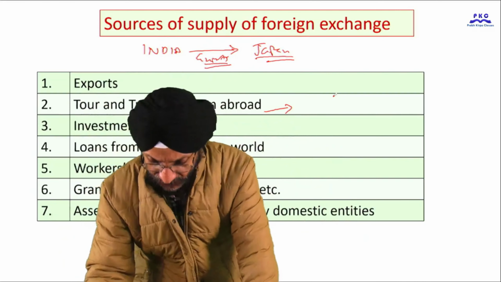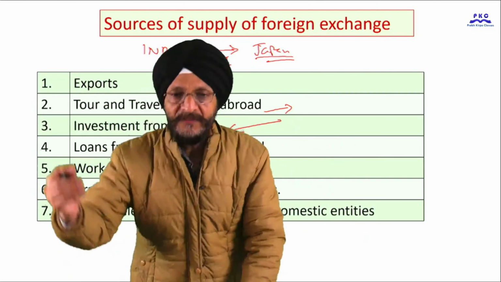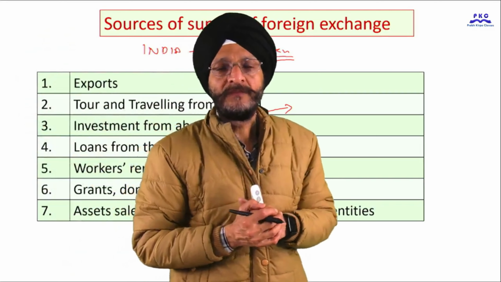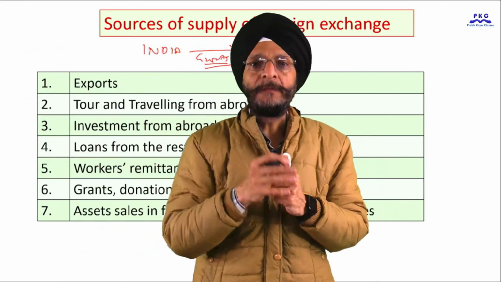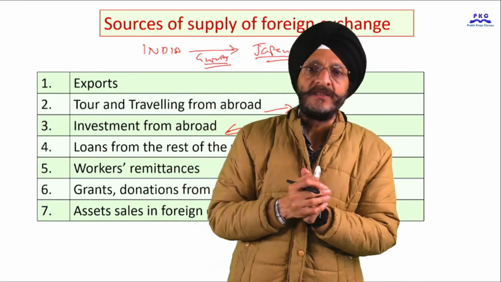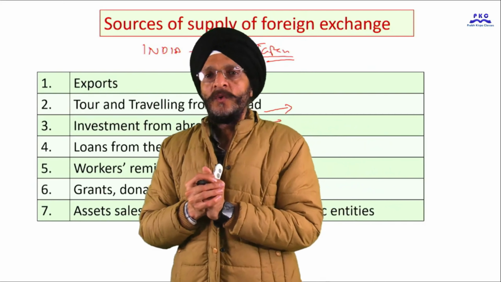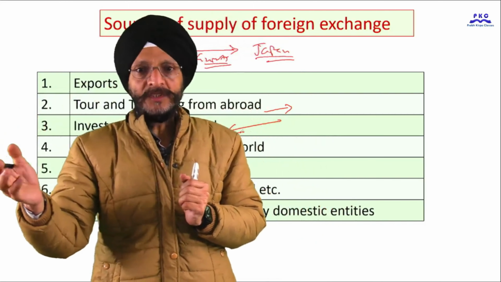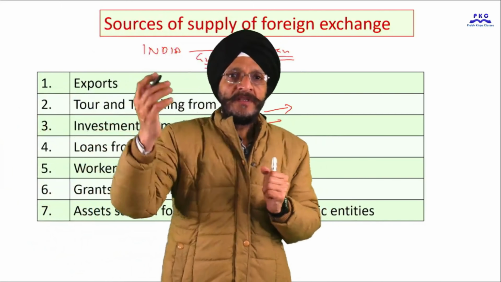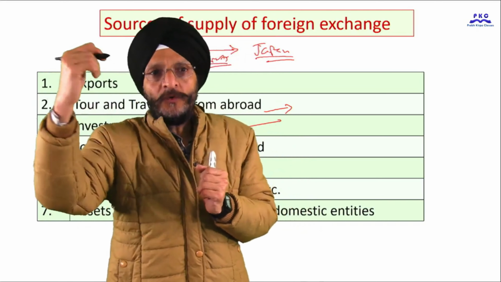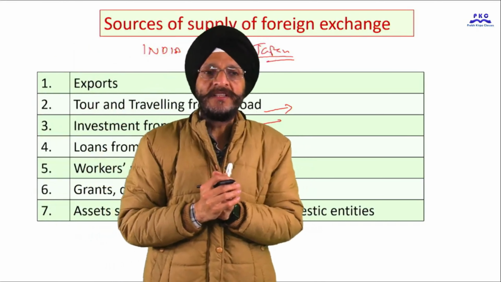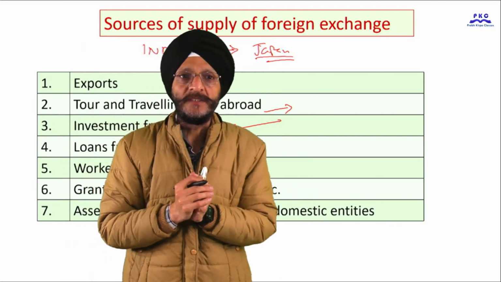When foreigners make investment in our country to purchase buildings, industries, or some other land, then foreign exchange comes into our country. This is the source of supply of foreign exchange.